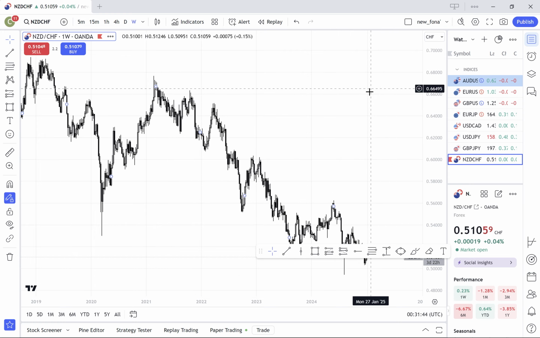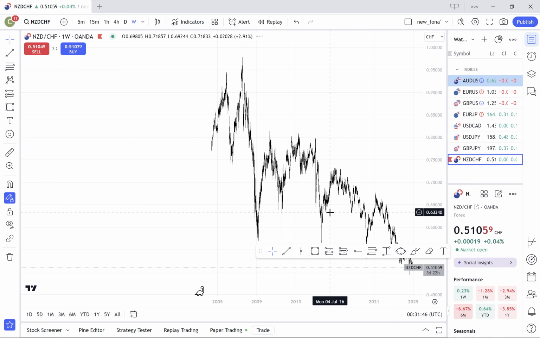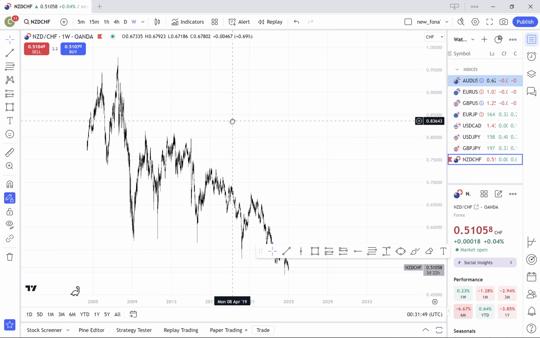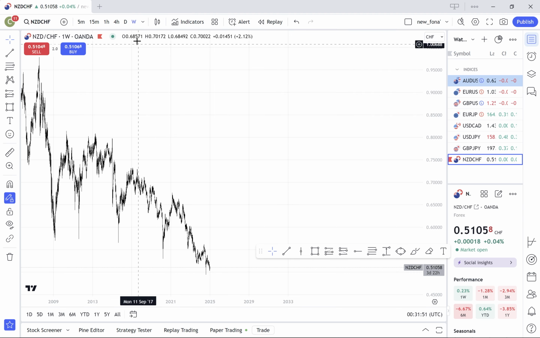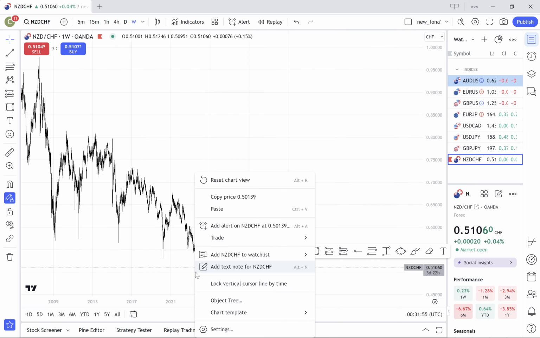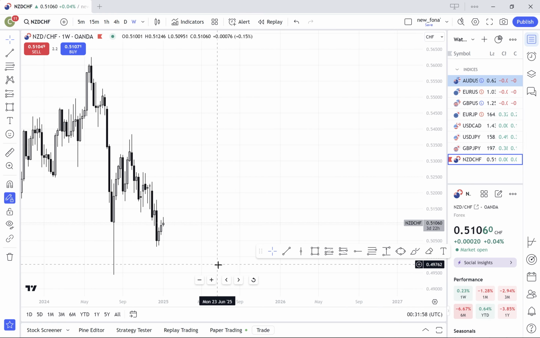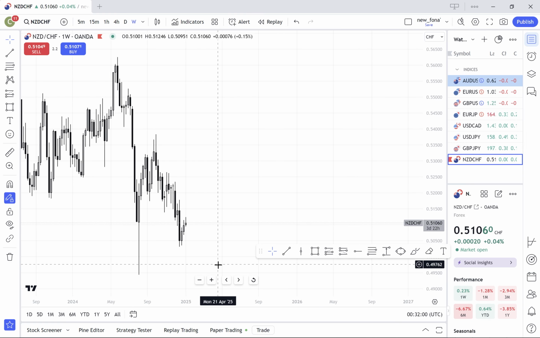All right, so let's actually see what's going on with this. If I look at this, you see it is going pretty down. So the NZD/CHF chart is going bearish in structure. Now, if I zoom in here, you see it is still going bearish.